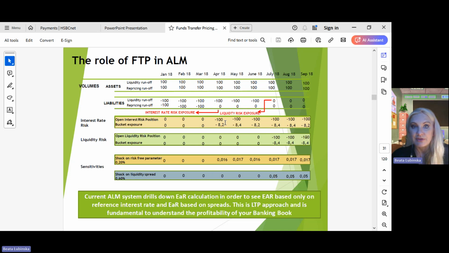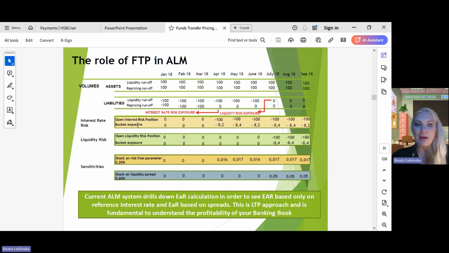So the difference between the outstanding of asset and outstanding of liabilities in the certain time bucket. And this is how you come up with this position, given that you are missing the liability. This position is driven by the liability side. So you have this negative 100, because it's your liability which is missing at this particular point. And this is what you see here.